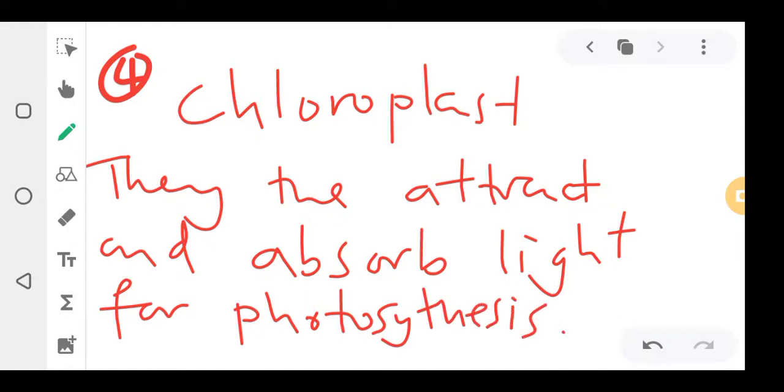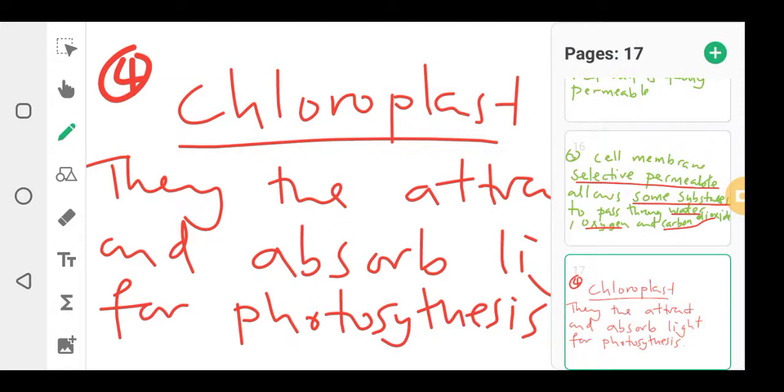The reason chloroplasts can do this is they have a part called chlorophyll. So they attract and absorb light for photosynthesis. Okay.